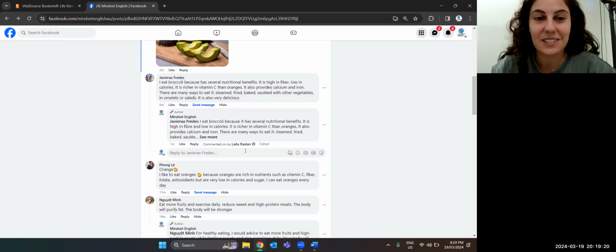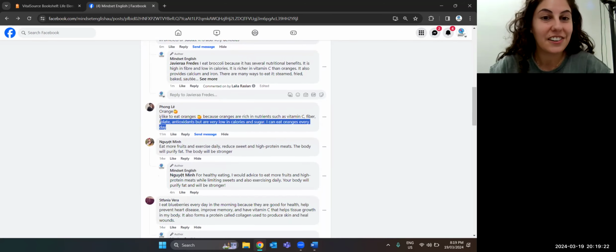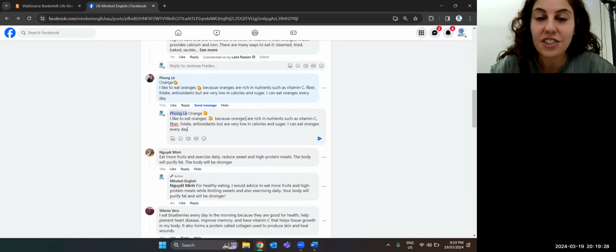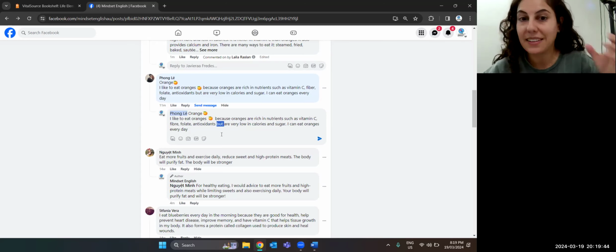It is very delicious. Okay, orange, and I like the emoji. I like to eat oranges because oranges are rich in nutrients such as vitamin C, fiber. So again, we want the British spelling, folate, antioxidants, but are low in calories and sugar. Good. So instead of but, because you make it sound like that's a bad thing.